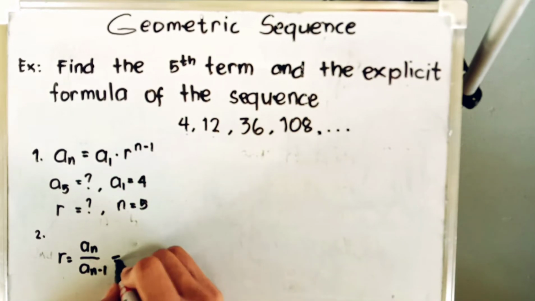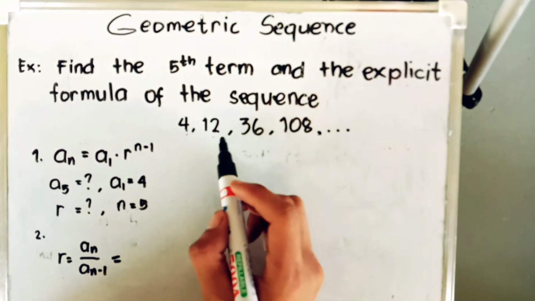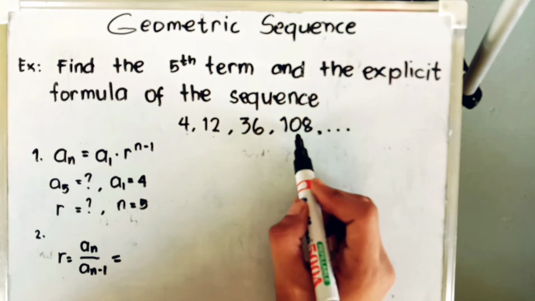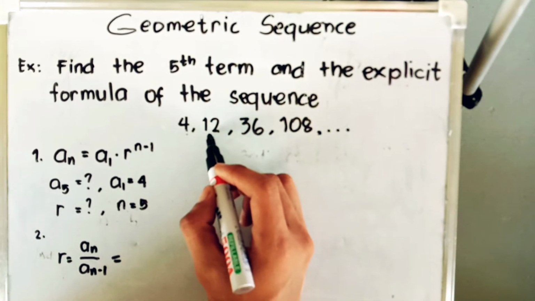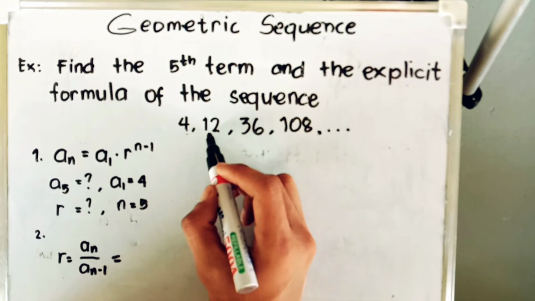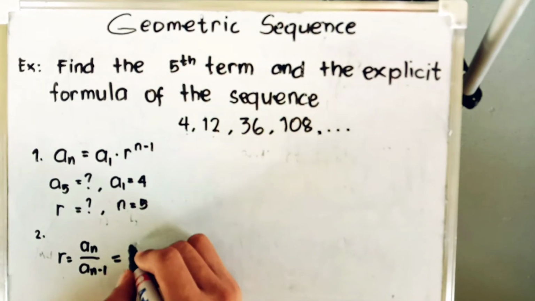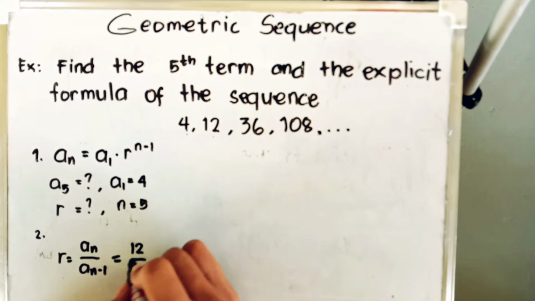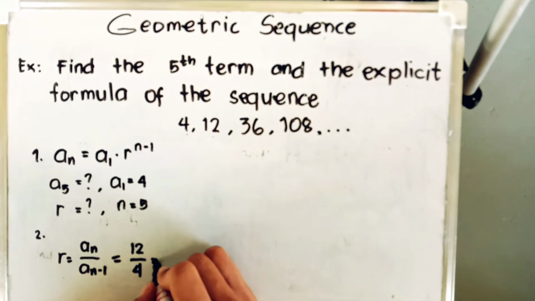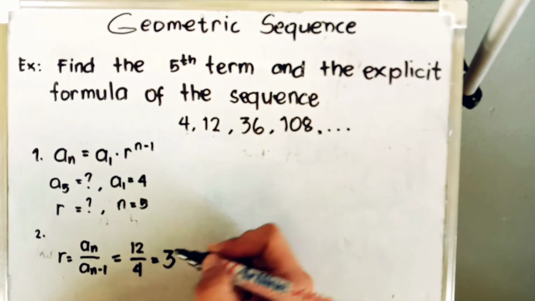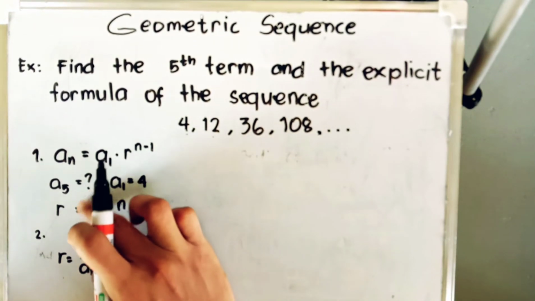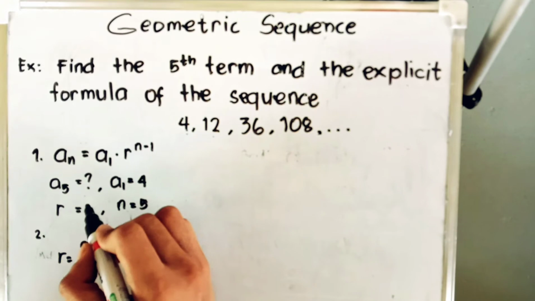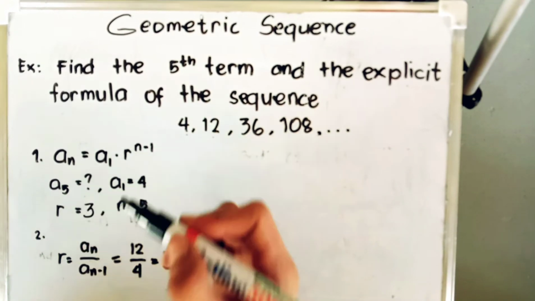From the given sequence, we have 4, 12, 36, and 108. If 12 is the succeeding term, then the preceding term is 4. So we have 12 divided by 4, which is equal to positive 3. So the common ratio here is just equal to 3.